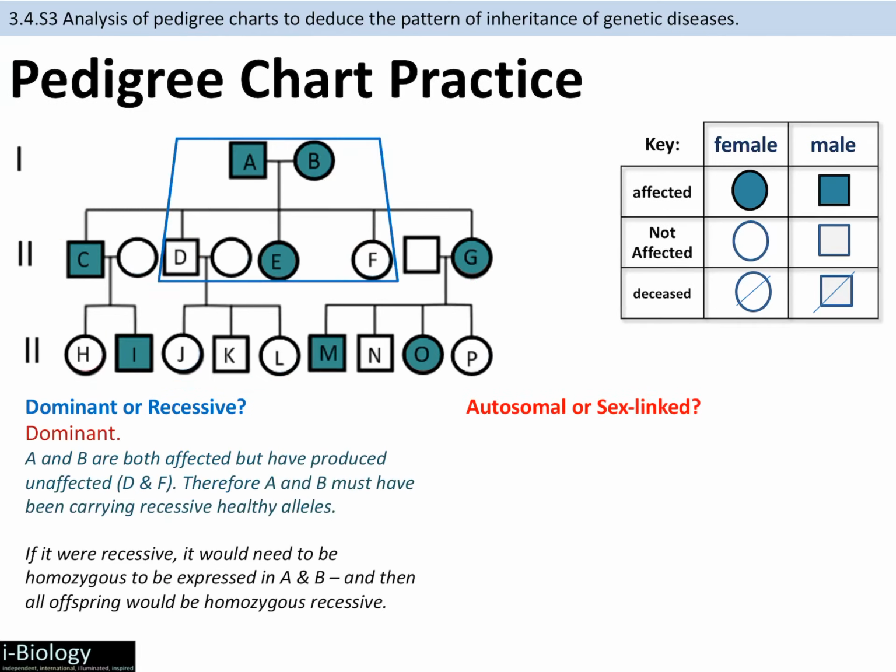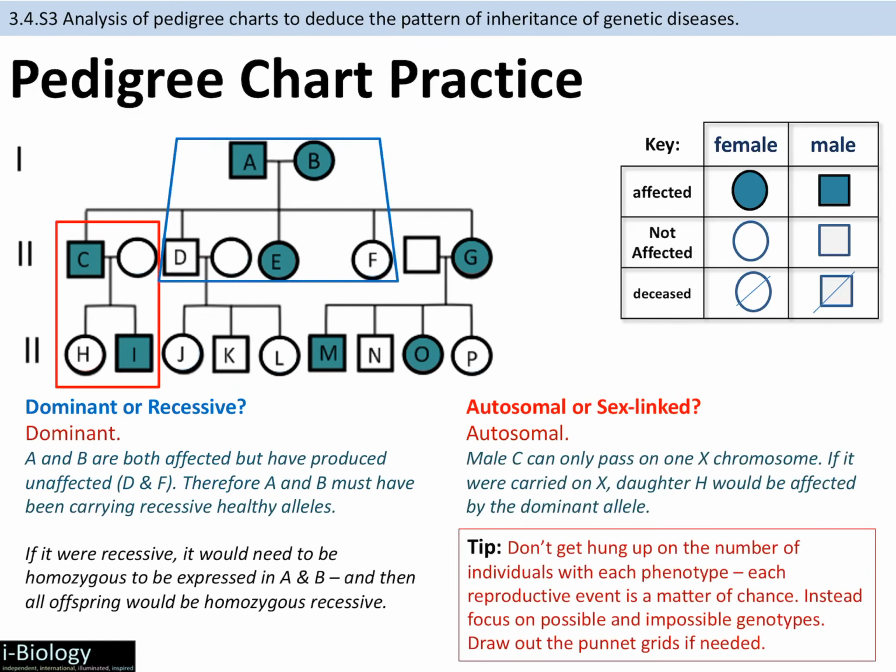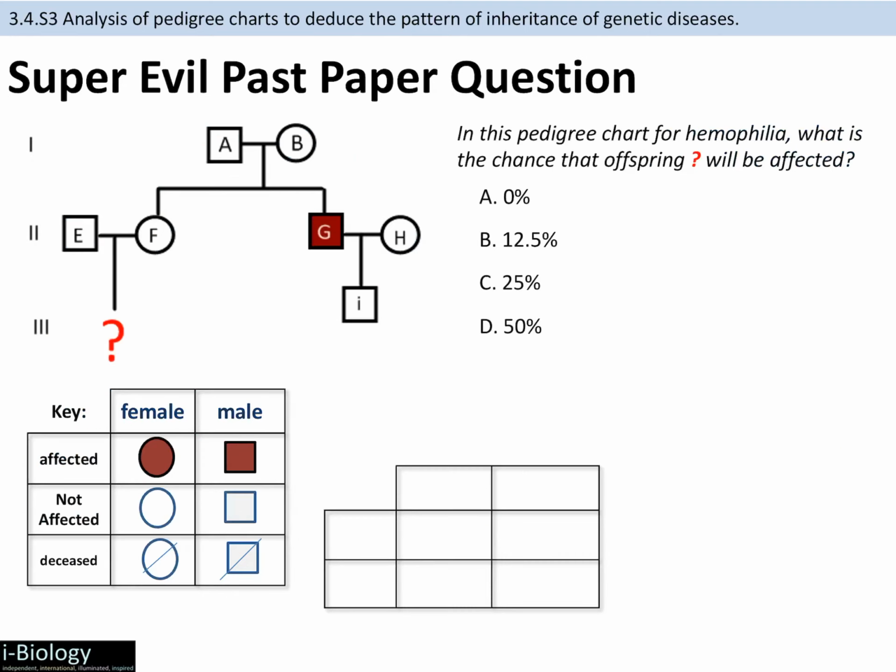You understand? So you can identify it's dominant because of these two. And it is autosomal because the daughter is not affected. The daughter is getting the X from father and father is affected. So if it is sex linked, she should be affected. Are we good? All right.